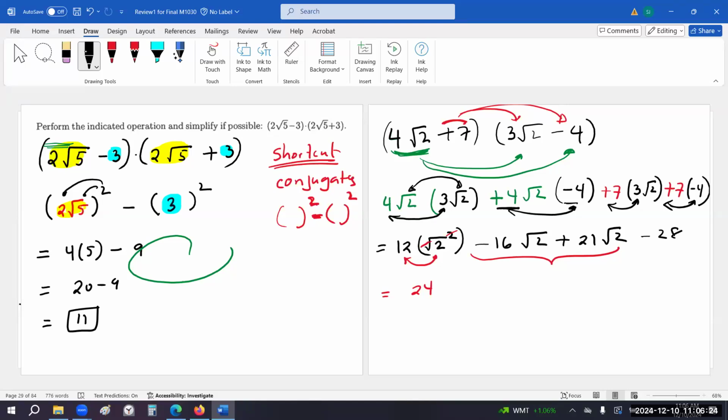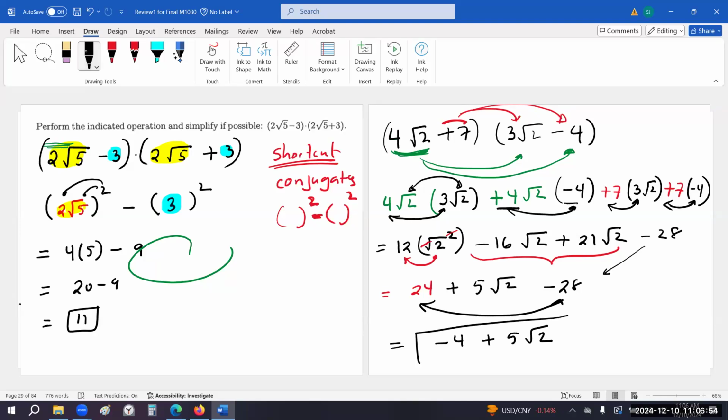Plus 5 root 2. And we bring down our -28. Do we have more like terms? What do we get from them? 24 minus 28 is -4, plus 5 root 2.